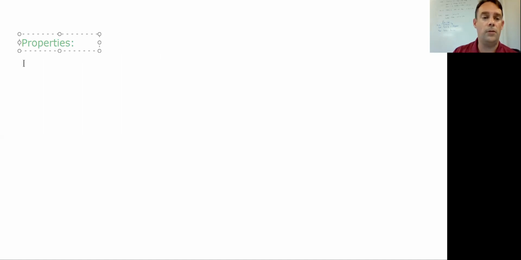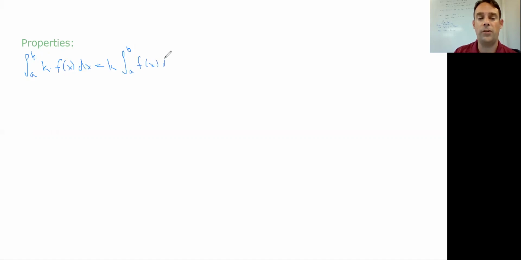One of our properties says this: if I am multiplying a function by a constant, sometimes it's just easier to bring that constant out. And we'll see an example of this here in a second.